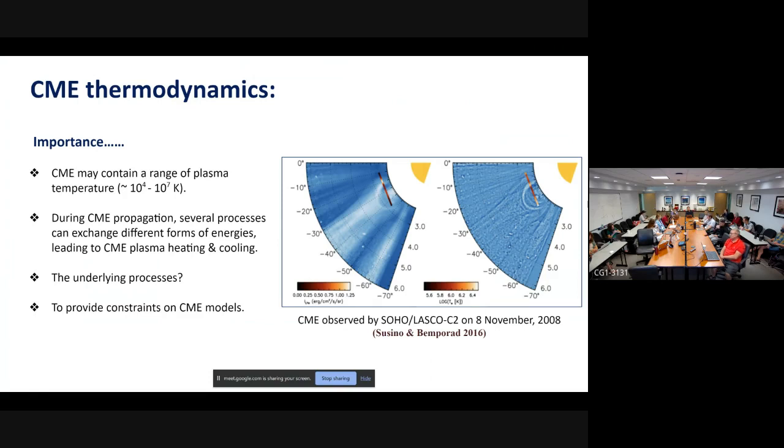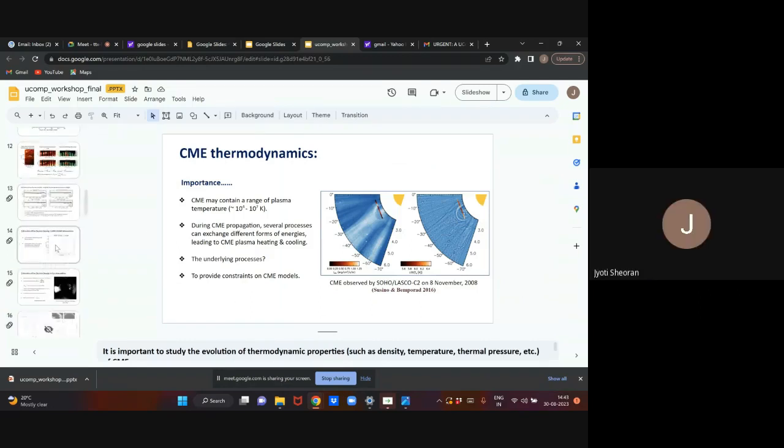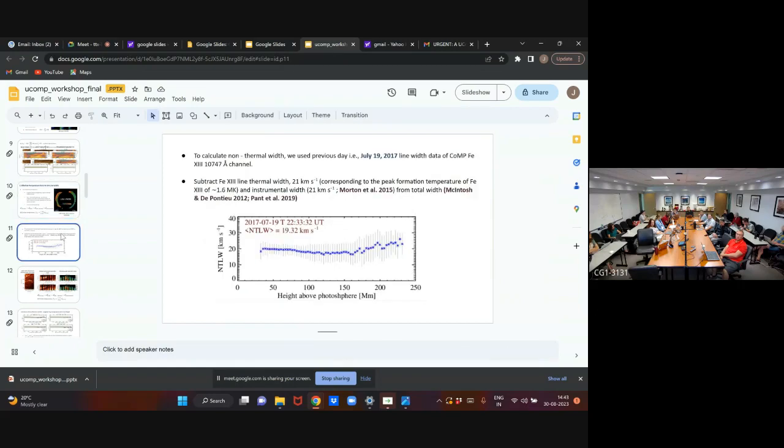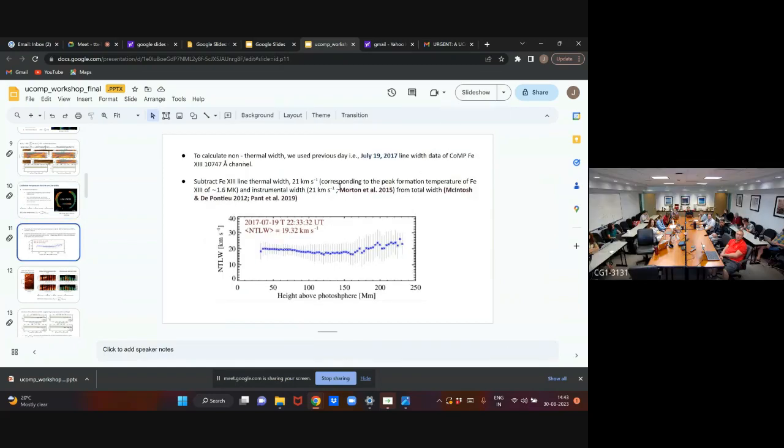My second question is, later on in the talk, you mentioned the thermal widths and how it's 21 kilometers per second for the instrumental width of CoMP, but it's also the non-thermal width plots that you were showing later on. The non-thermal width that you deduced is 21 kilometers per second, but the instrumental width of CoMP, as you stated, is also 21.